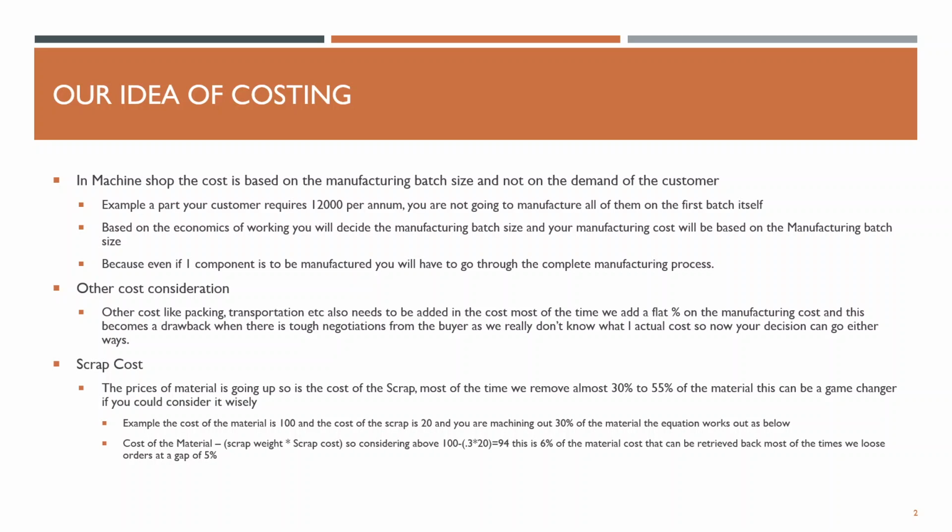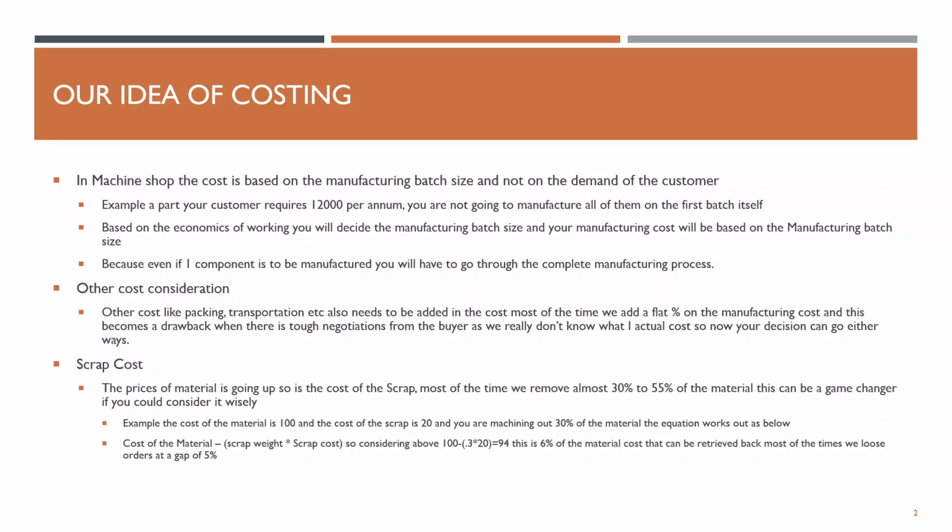My experience says that when we do machining, we almost remove 30 to 55% of the material, and this removed material becomes scrap. If we could offset the scrap value, it can give us even better margins or better costing to negotiate and get this order.